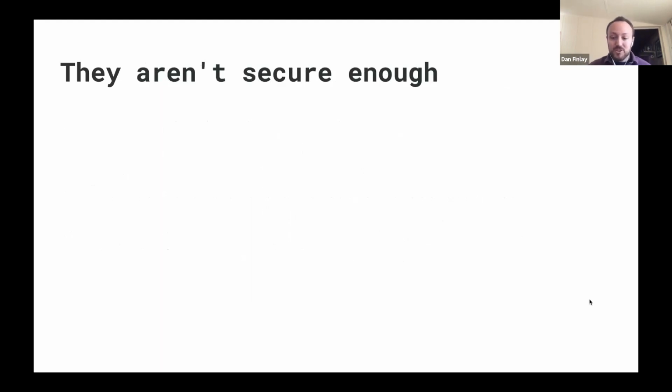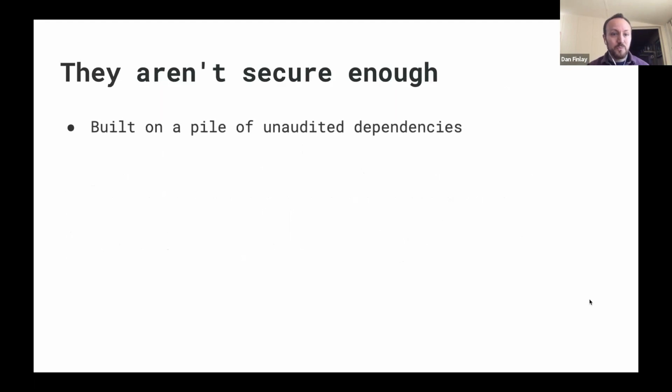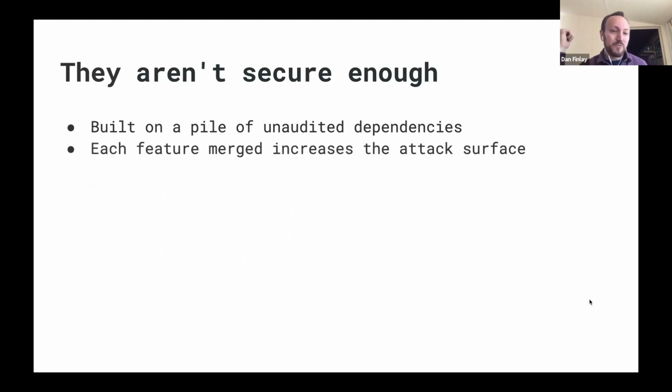Furthermore, wallets just aren't secure enough. They're built on a pile of unaudited dependencies, and that pile just gets bigger. And with all those features that everyone wants merged, each feature merged actually increases the attack surfaces. You've got new dependencies, you've got new contributors, you've got new code that people aren't necessarily reading carefully.